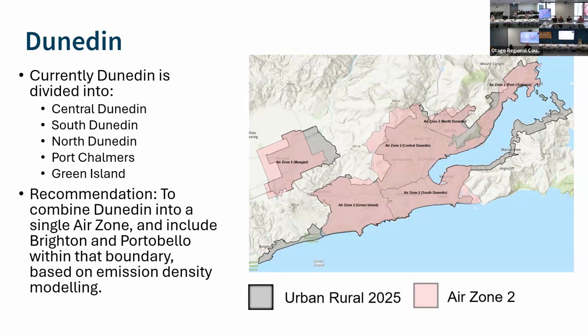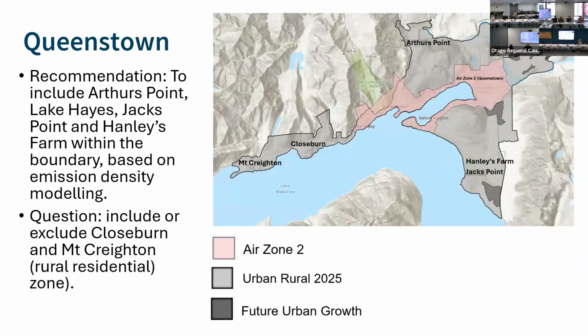Great, moving on. Queenstown, another area with a lot of growth. Based on the emissions density and urban growth modelling, we do suggest widening the boundary to include Jack's Point and Hanley's Farm, and up to the north Arthur's Point, and also Lake Hayes.